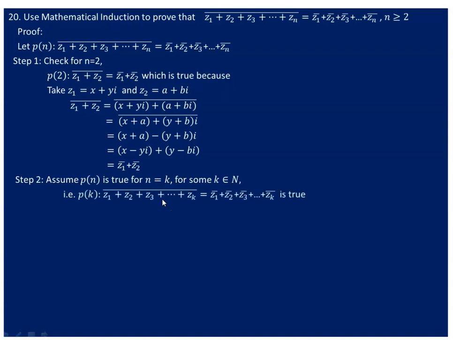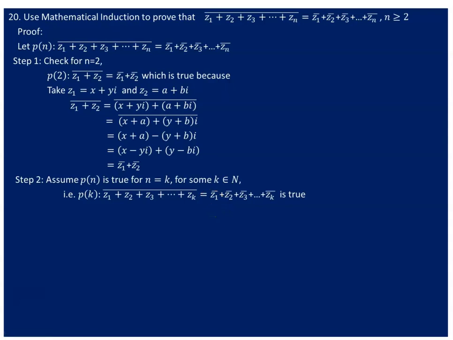That is to say, P of k is true. P of k is a matter of changing n to k. P of k says the conjugate of the sum of the first k complex numbers, z1, z2, z3 up to zk, is equal to this one. It has been assumed that this is true. You have to accept this to be true.